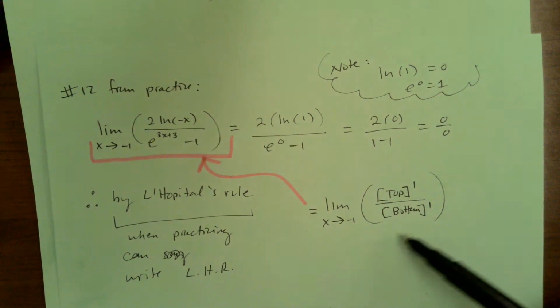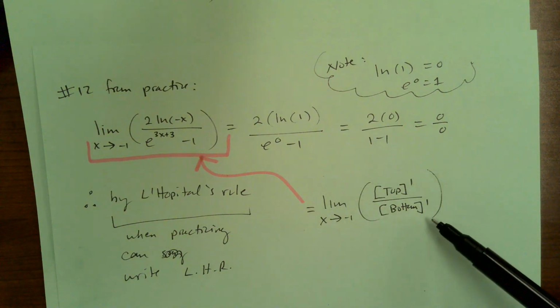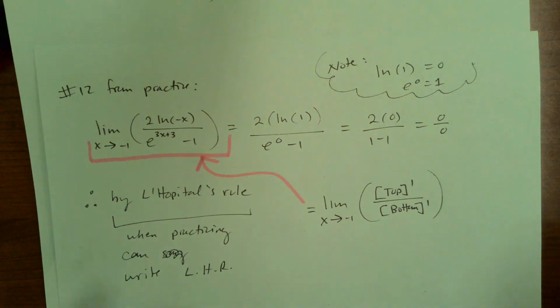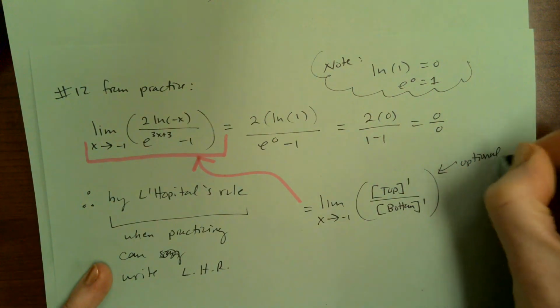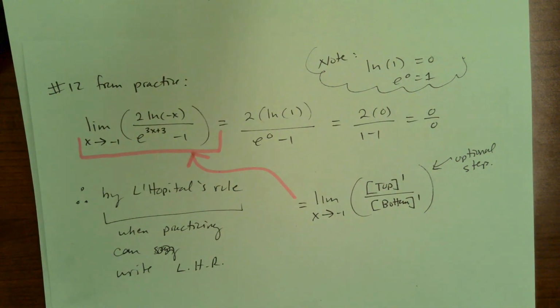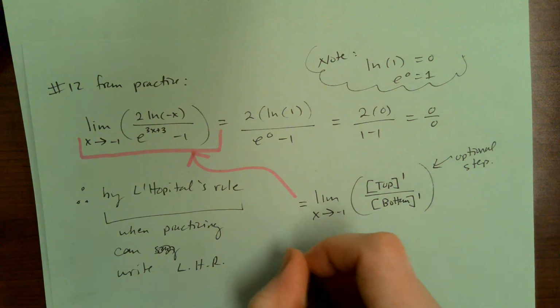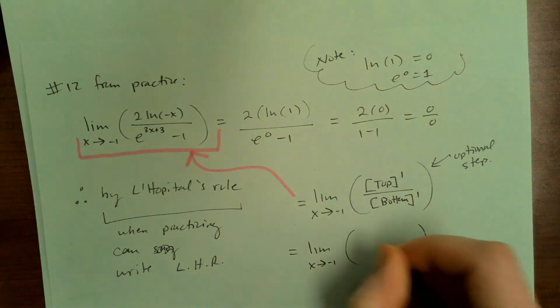Guys, this is an optional step, okay? You don't have to write this step out. I'll say here optional step. I'm just doing it in the notes so you could actually see what the rule is. Equals the limit as x approaches -1.